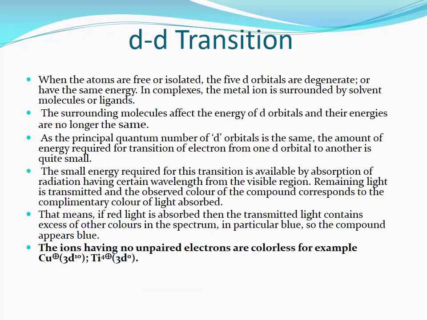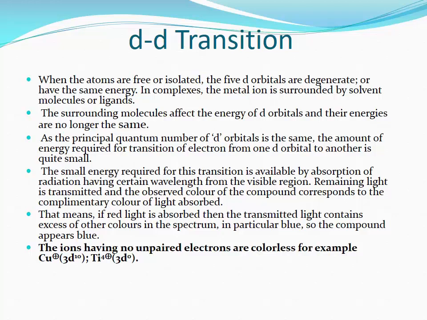Now the first factor is d-d transition. This d-d transition is related to the presence of unpaired electrons in the (n-1)d orbital. In d orbitals there are 5 orbitals which can occupy 10 electrons. All these 5 d orbitals have the same energy in the atomic or isolated state.